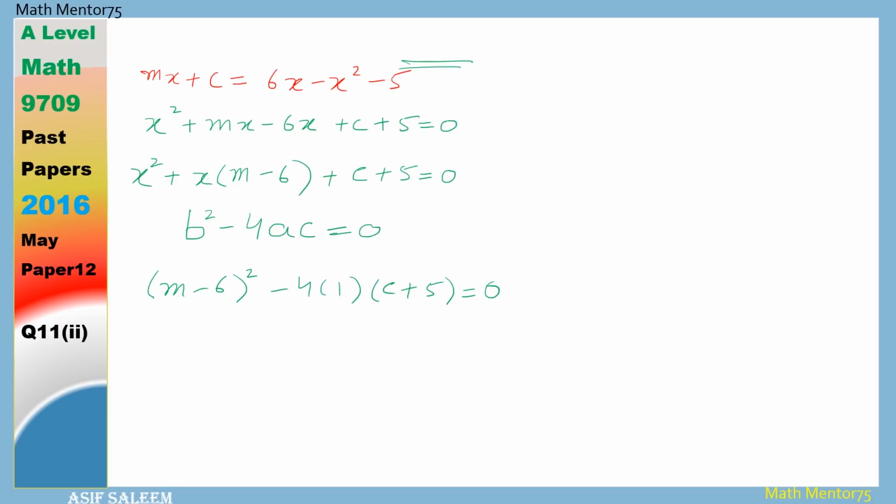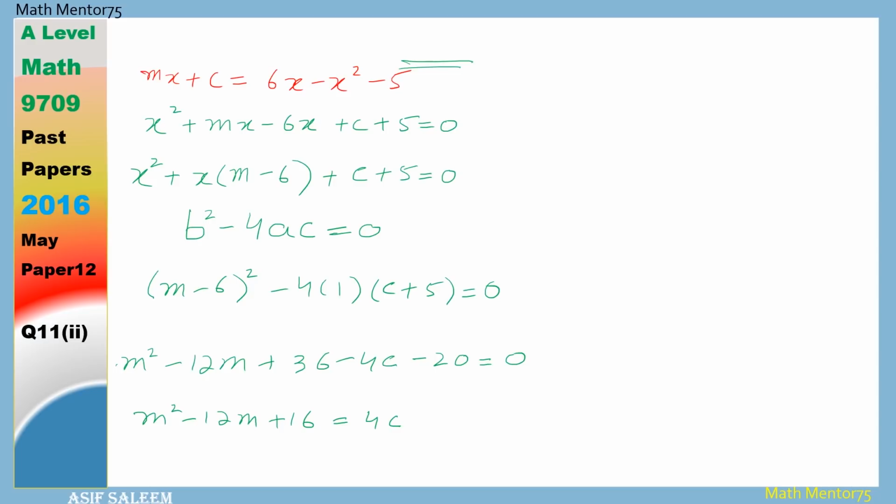Now let's solve this. (a minus b) whole square, so it is m squared minus 12m plus 36 minus 4c minus 20 equals 0. Now solving this, we have m squared minus 12m plus 16 equals 4c.